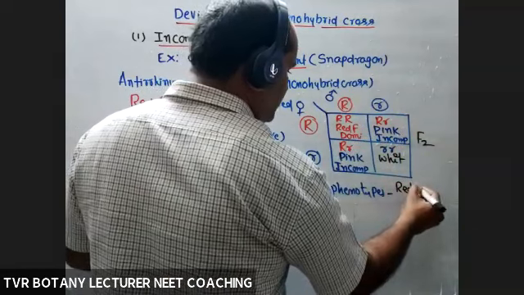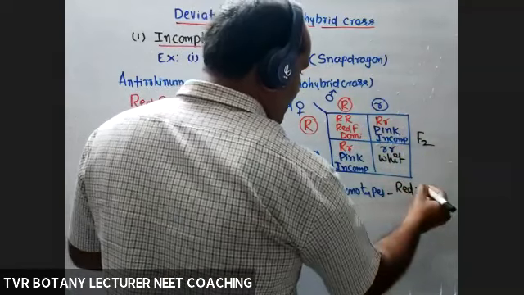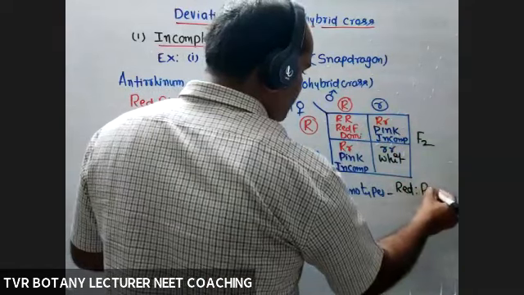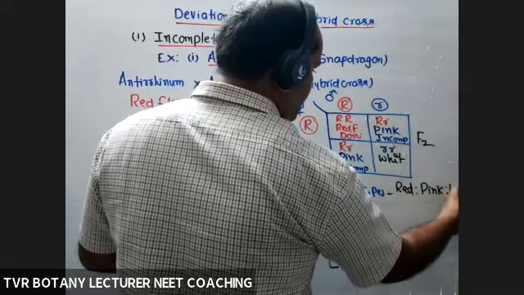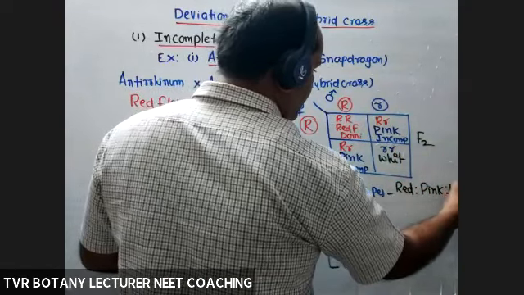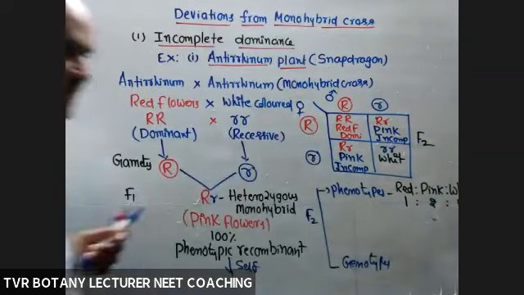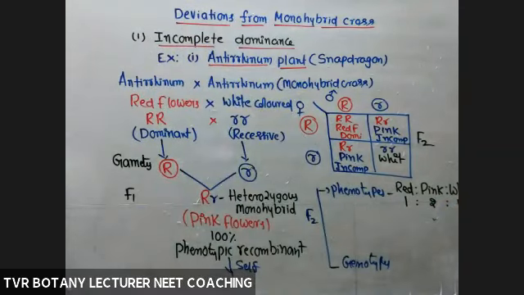Antirrhinum plants producing red flowers. Antirrhinum plants producing pink flowers. Antirrhinum plants F2 producing white colored flowers. How many? This one 1/4. And this one 2/4, or 1/2. And this one 1/4.